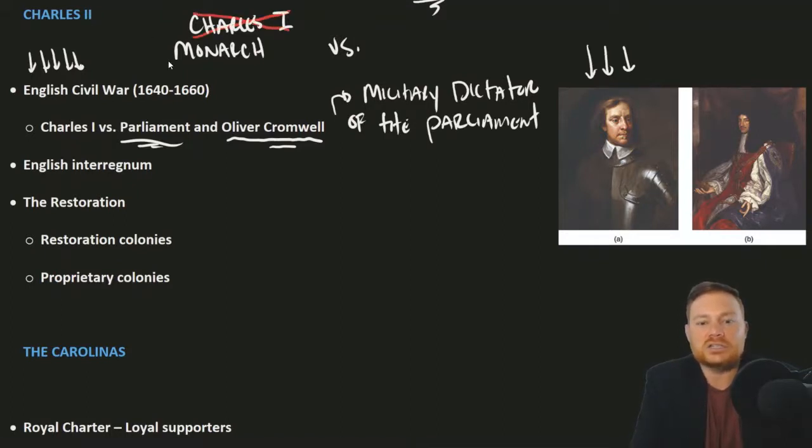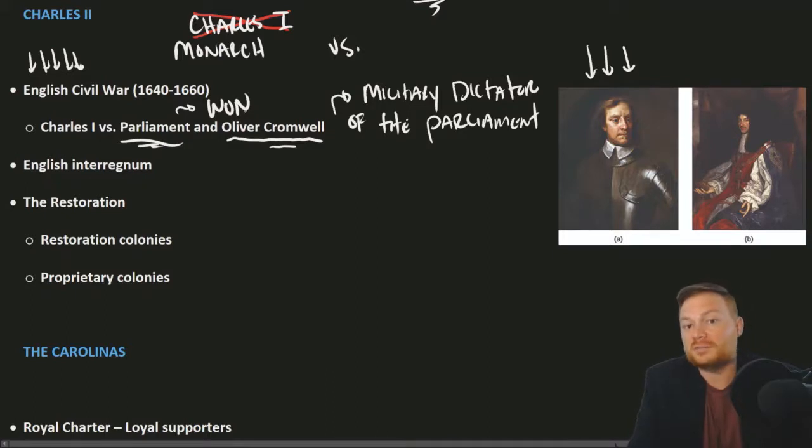In the English Civil War, it was Parliament that ended up winning, right? Parliament won the war. But the war itself actually ended in 1649. So technically, if we want to get very specific, we would say that the war itself ended in 1649. And from about 1649 to 1660, we call this the period of the English Interregnum.